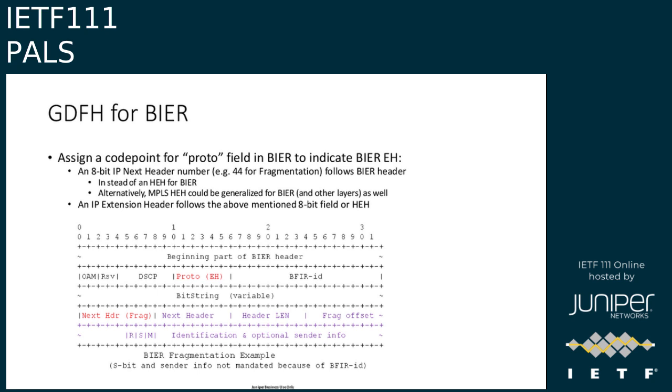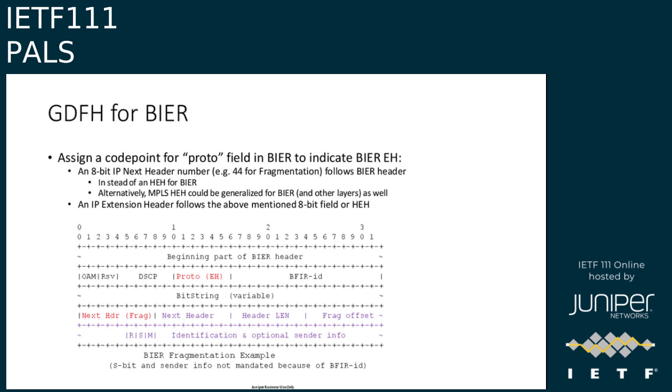So in the BIER header, there is a protocol field. We would assign a new code point for that protocol field to indicate there is an extension header that follows.